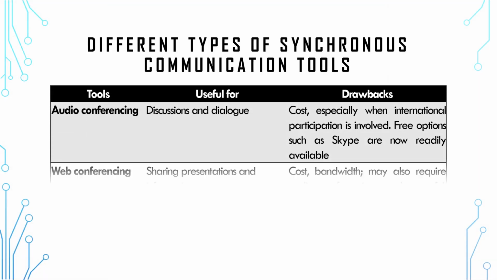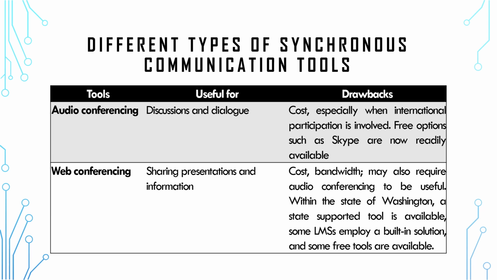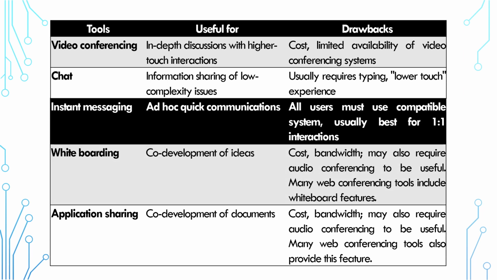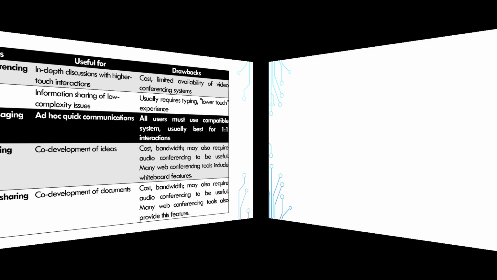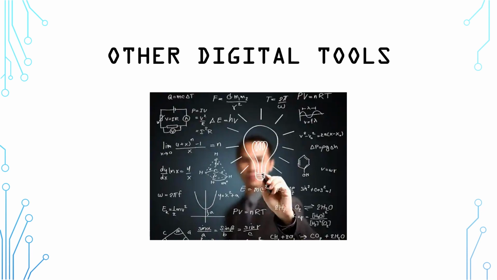Then again, aside from the aforementioned tools, audio conferencing, web conferencing, video conferencing, chat, instant messaging, whiteboarding, and application sharing are also included in the list. Blogs, wikis, and Facebook are just some of the many digital tools that can be used online.